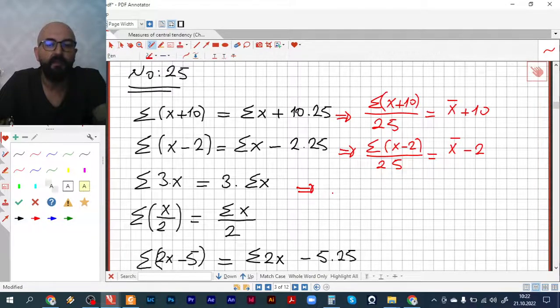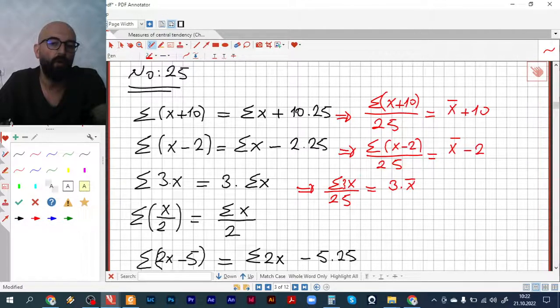And if you want to find the mean with the sum of 3x over frequency, you find 3 times the mean, because you found threefold of all x.